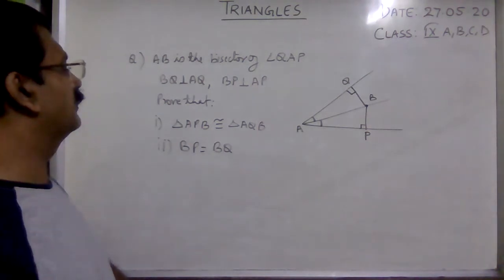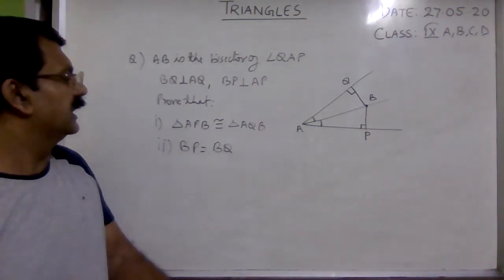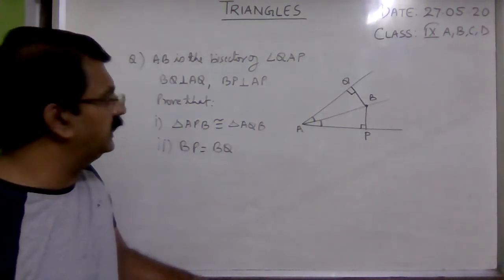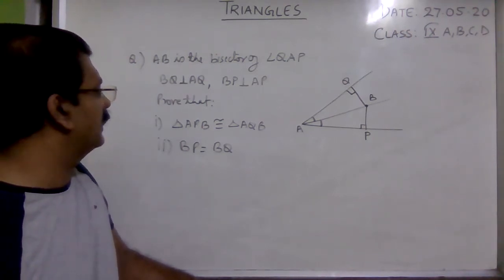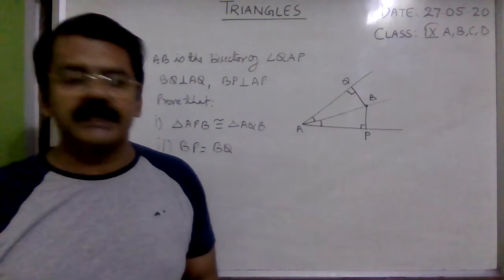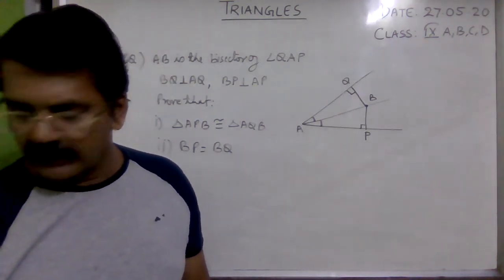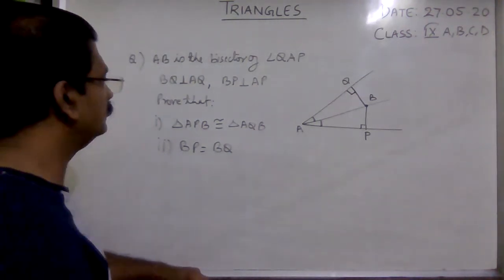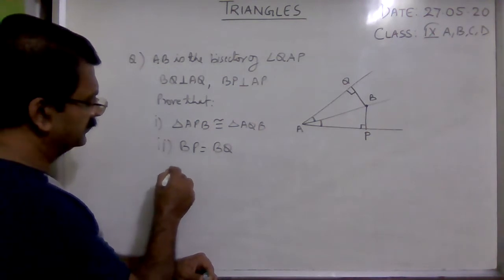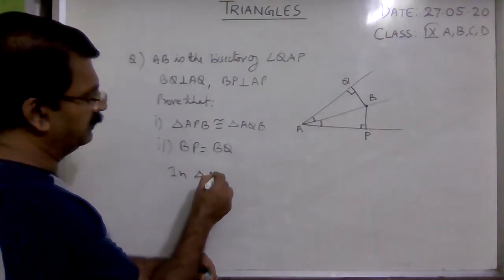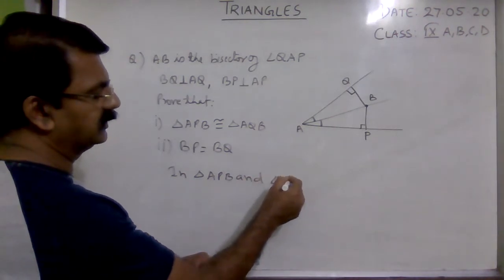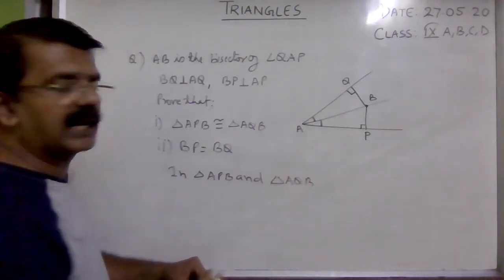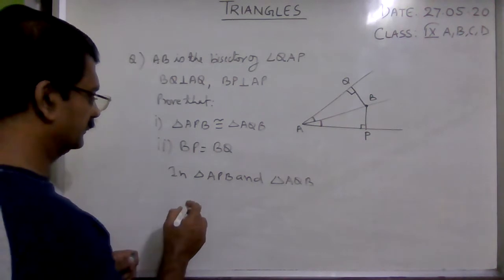So in the first part you have to prove that triangle APB is congruent to triangle AQB, and in the second part you have to prove that BP is equal to BQ. Now what we do is make the two triangles separately: triangle APB and triangle AQB.